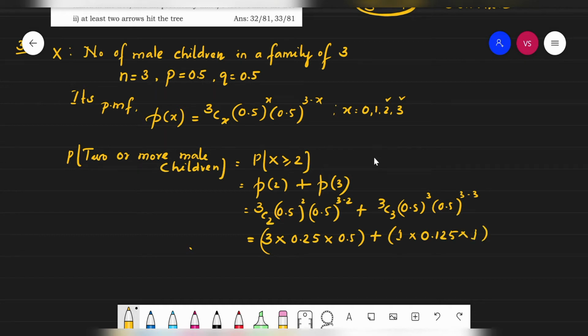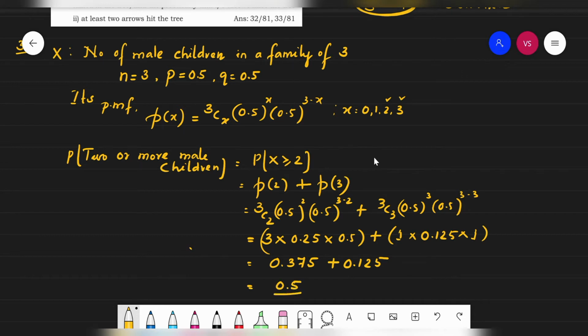So if you simplify this, 3 into 0.25 into 0.5 is 0.375, and this would be 0.125, and when we add this we get the answer as 0.5.